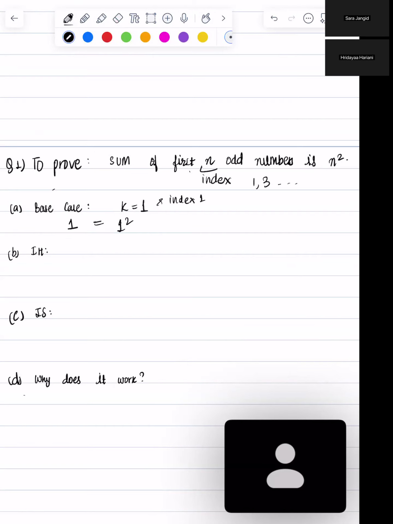This is true. We do the inductive hypothesis next, which is basically just rewriting the problem statement as well.